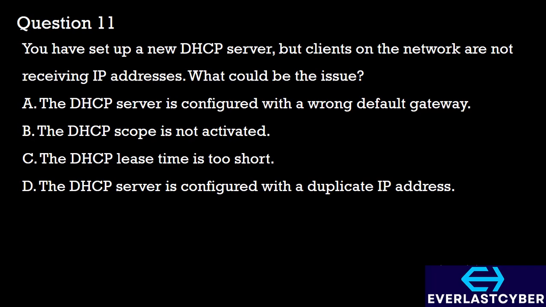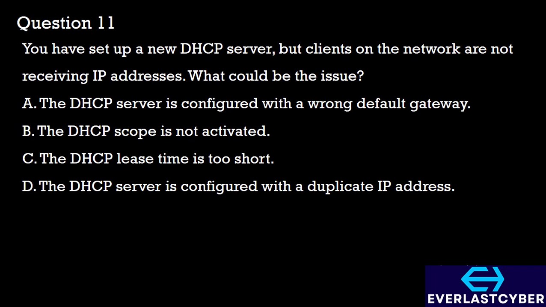In option C, a short lease time could lead to more frequent renewals, but it won't prevent the clients from receiving an IP address initially. While in option D, this could cause issues with network connectivity or client communication, it won't prevent the clients from receiving an IP address as long as the server scope is active.